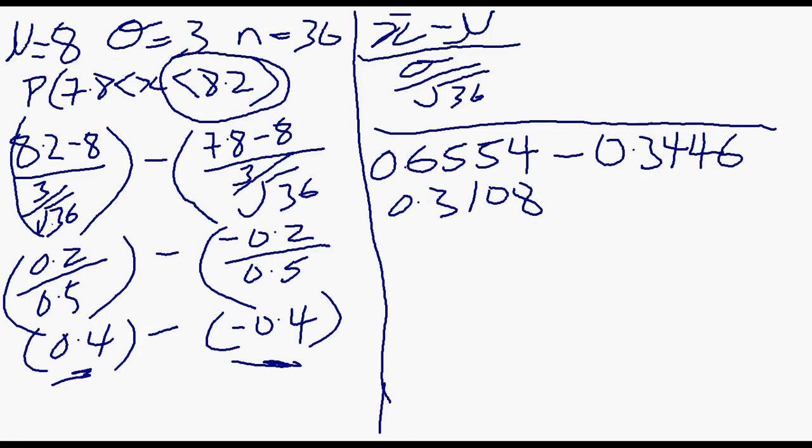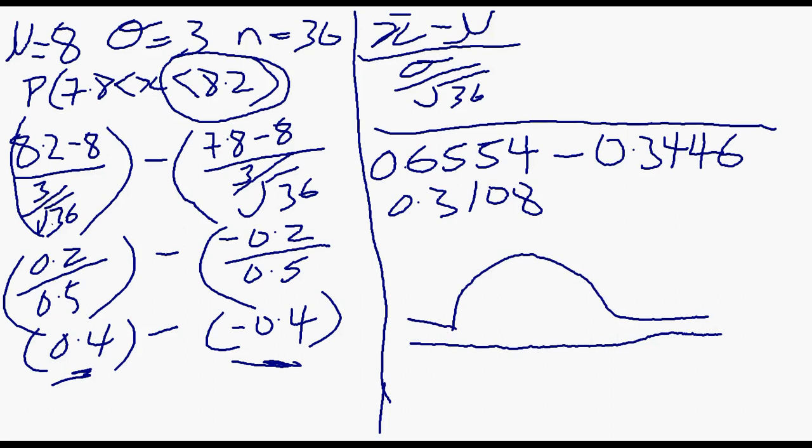So this will be our probability. So let's say, right. The mean here is the population mean, and you're looking for the probability between here, 7.8, and here, 8.2.